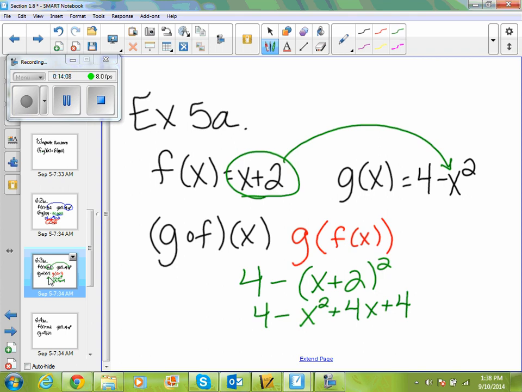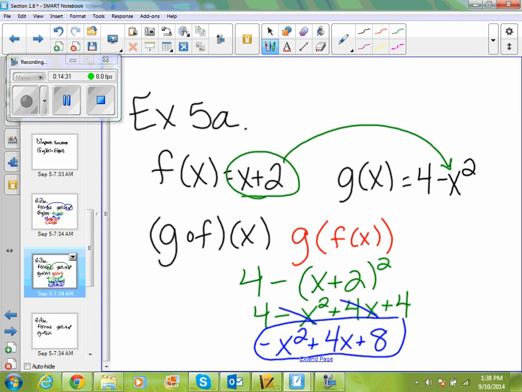So then if I simplify, I still have minus x squared. There's nothing to combine with that. Still have a 4x. There's nothing to combine with that. And 4 plus 4 gives me 8. So I would end up with a plus 8. So my final composite function, g of f of x, would be negative x squared plus 4x plus 8.